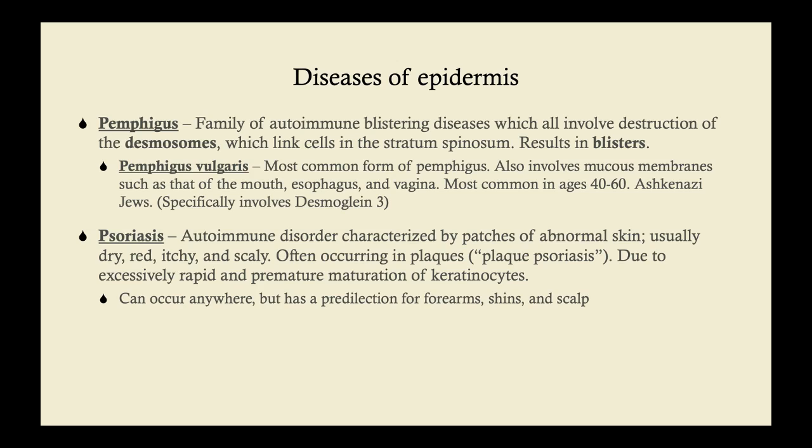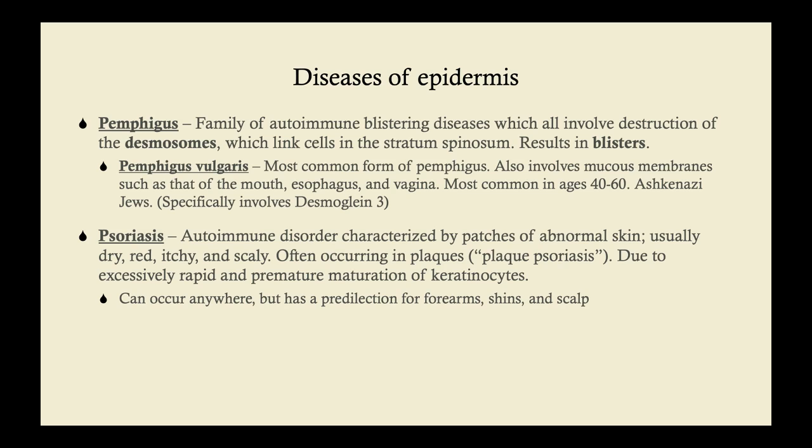So with pemphigus, the thing that they all have in common is that they all involve destruction of the desmosomes. Now this is autoimmune, so what type of hypersensitivity is it? It's a type 2 hypersensitivity. And so you've got antibodies against the desmosomes. Remember that these desmosomes are linking the cells in the stratum spinosum. And so what happens is that these cells now become loose and displaced.